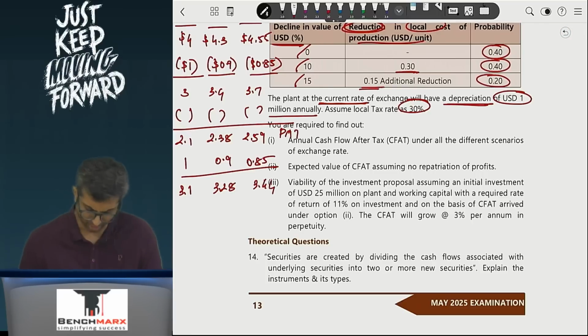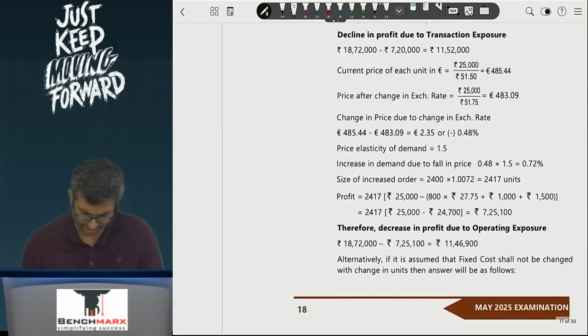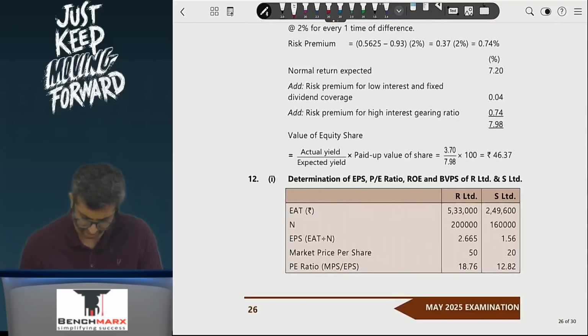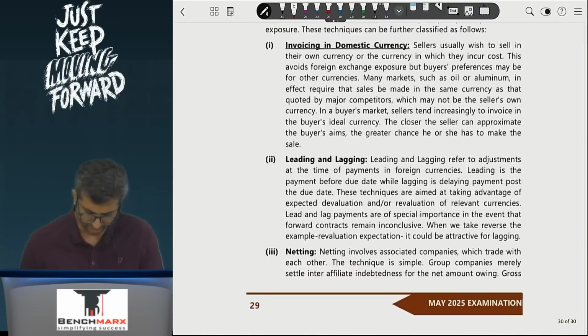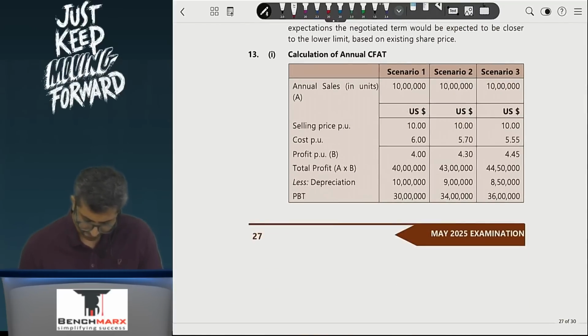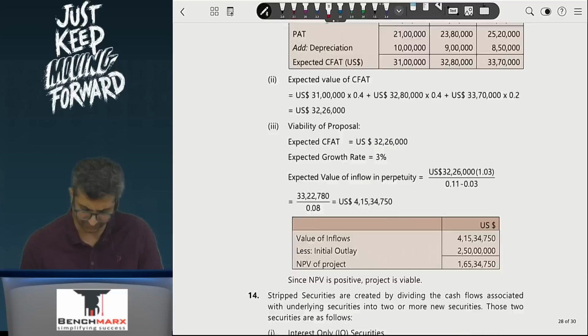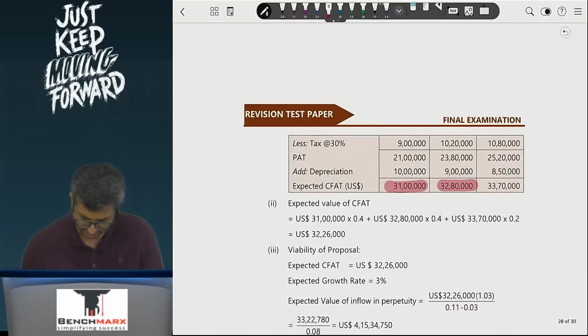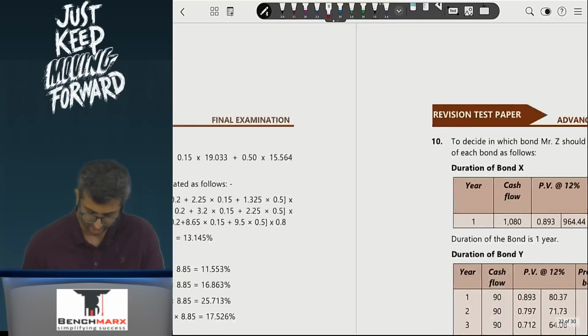So this is 3.44. So let me just verify this at the end. If you go to see at the end of your RTP, you will have cash flows. The important thing over here is the cost 6, 5.7, 5.55, and depreciation 10, 9, and 8 lakh 50. Ultimately 31 lakhs, 3280, 3370.